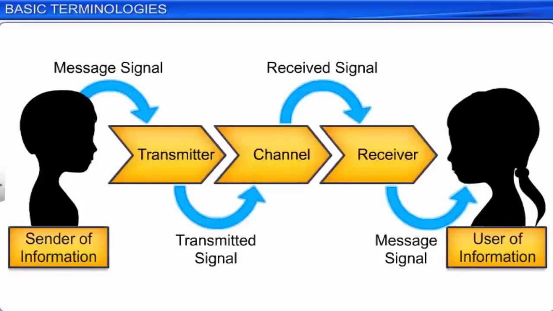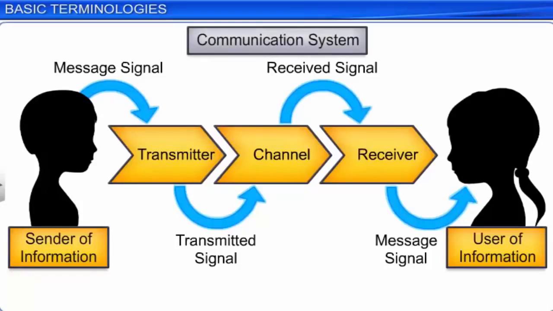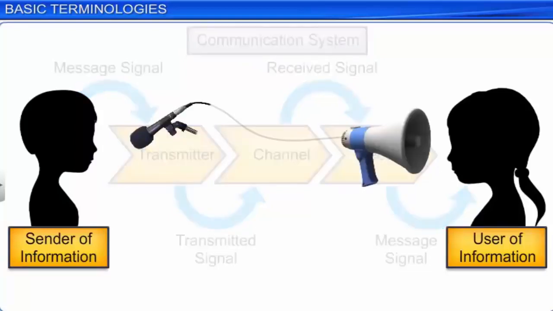We have already learned that a communication system helps transmission of information from the sender to the user of information. Let us now learn about some terms used to describe different devices and processes in a communication system. A person using a microphone and speaker to transmit his voice over a distance is an example of a communication system.